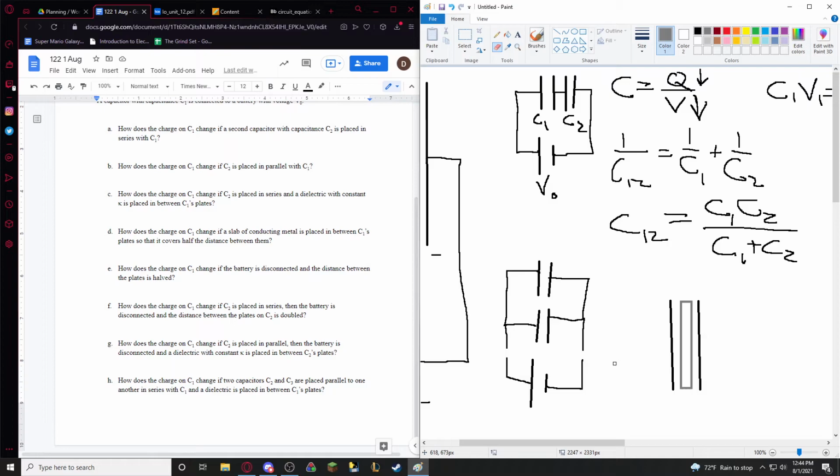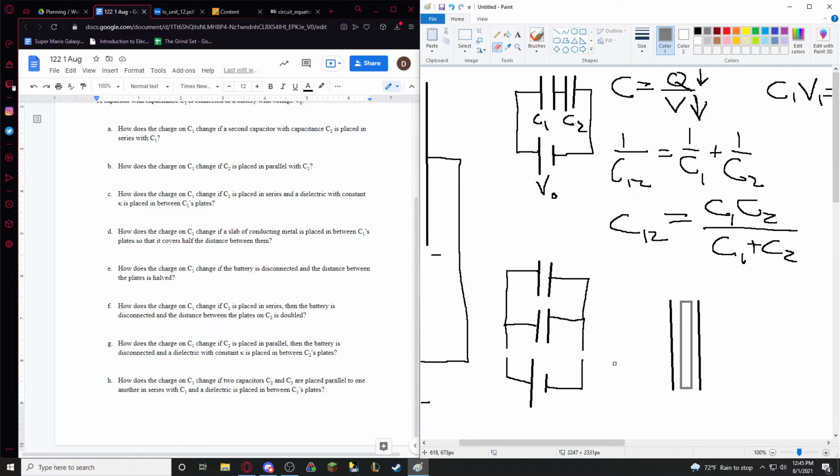There's something else that's equal. The voltage is equal. There we go. So initially, after placing C2 in parallel, does the charge change on C1? The voltage stays the same, and that should mean the capacitance should not be changing, I don't think. So the charge just remains the same. Yeah, exactly. Charge stays the same for the first step.